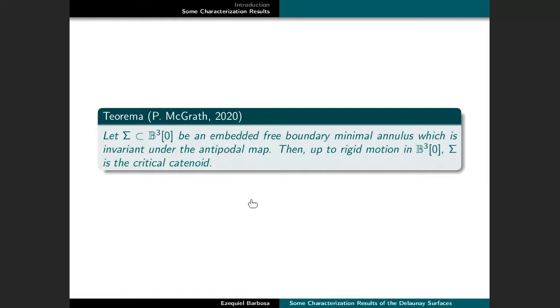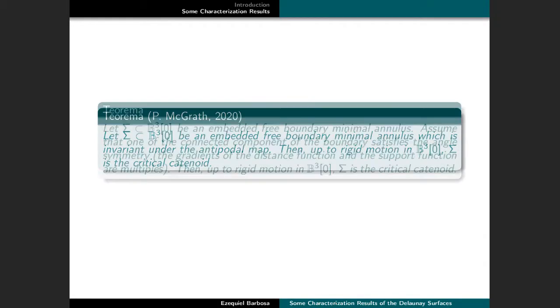Then, in order to prove a kind of classification result for the Delaunay surfaces inside the ball, pieces of Delaunay surface, maybe this Alexandrov reflection technique can be useful, as it was useful for Ros and so on, to prove the two-piece property. Maybe it is possible to be explored in order to prove a classification result for the CMC case, right?